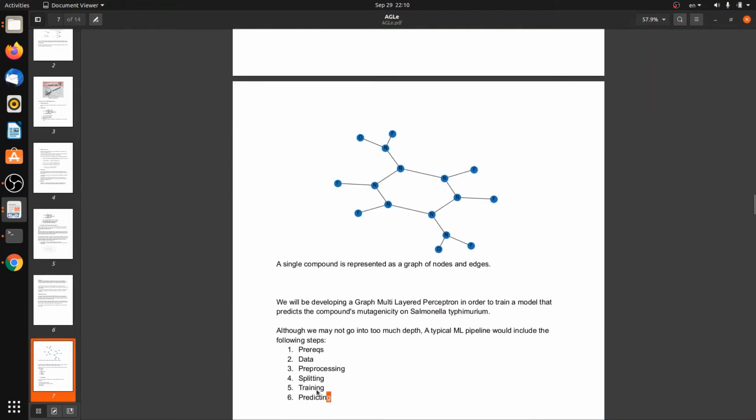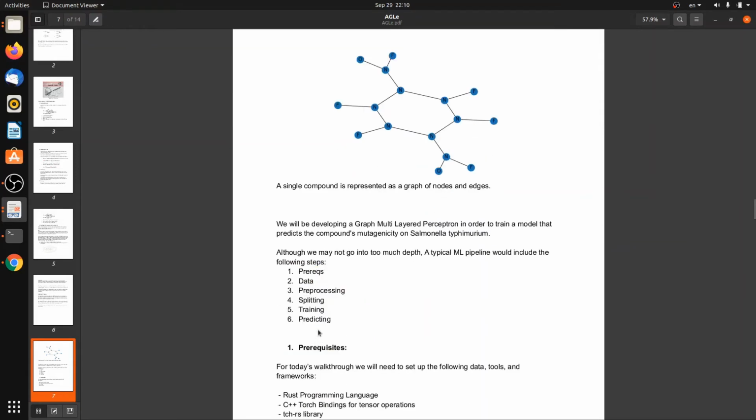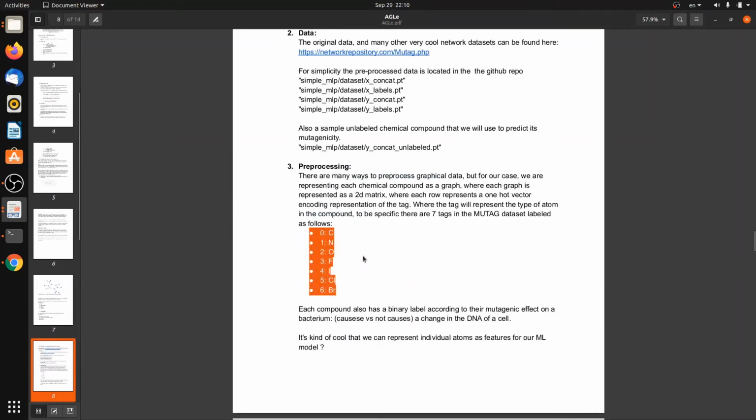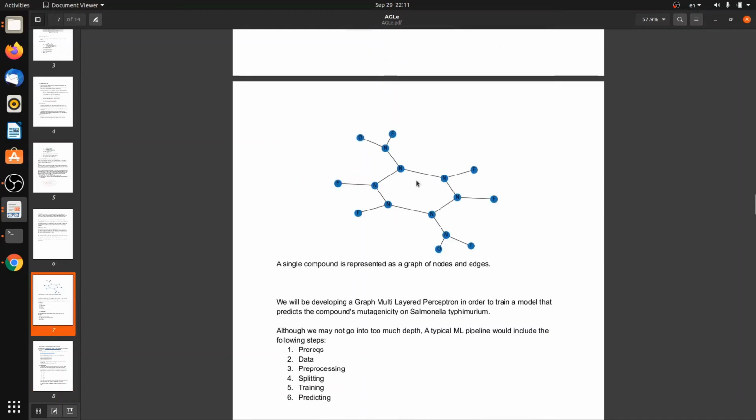So here are the seven: 1, 2, 3, 4, 5, 6. I probably missed one. Okay, here are the seven classes of data. Those are the seven atoms it can take.